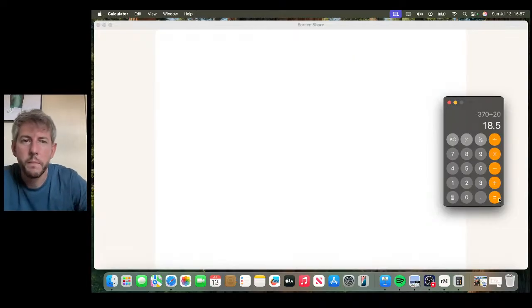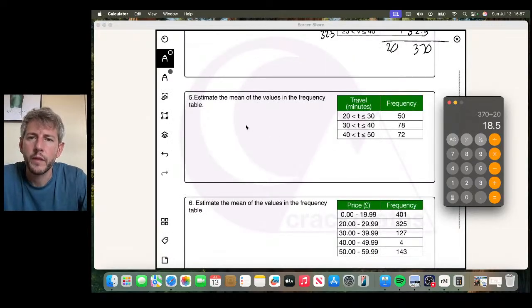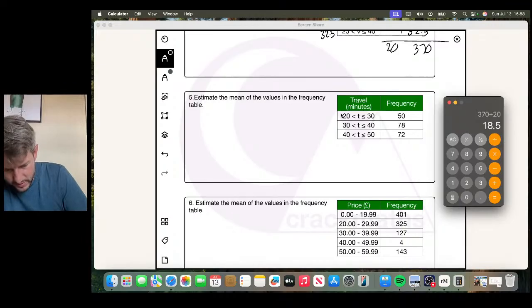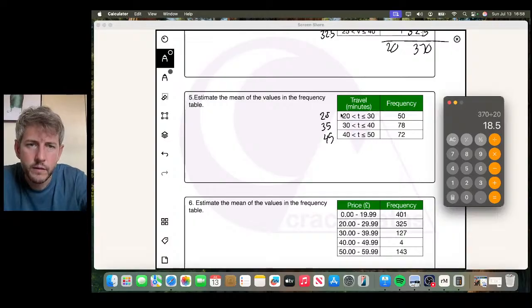Okay, question 5. Estimate the mean of the values in the frequency table. Okay, so we'll get the midpoints. Times them by the frequencies.